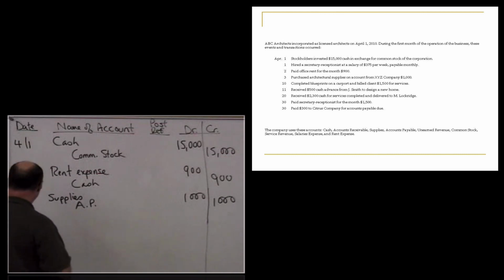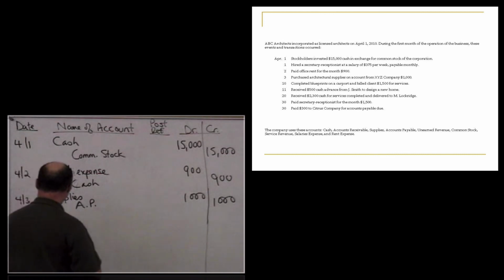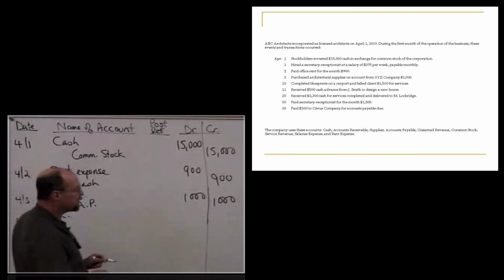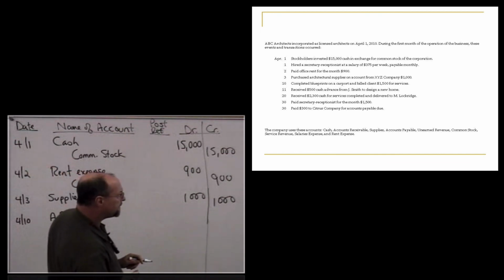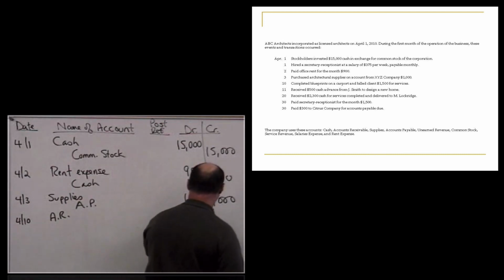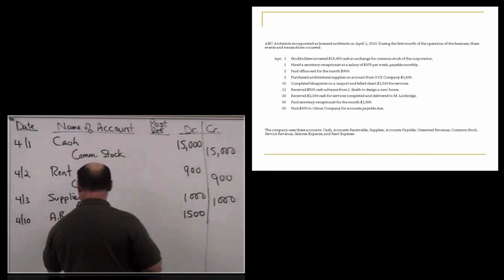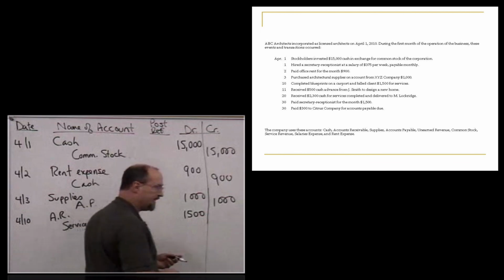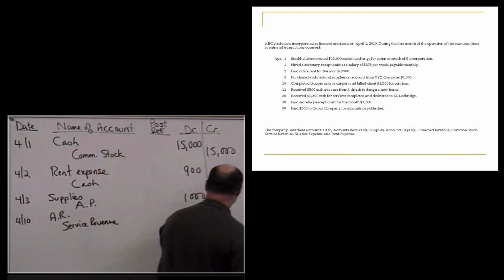So April 10th, I'm going to debit accounts receivable. I'm going to abbreviate. Okay, and this was for $1,500. And I'm going to credit service revenue, also called fees earned, $1,500.